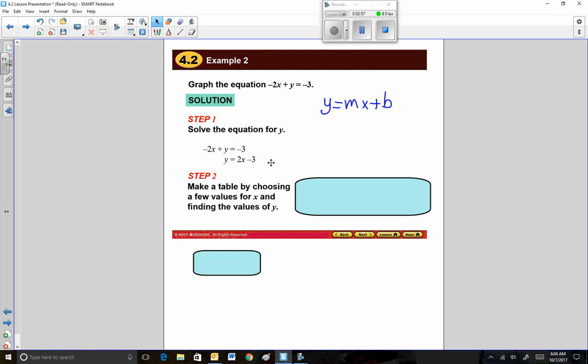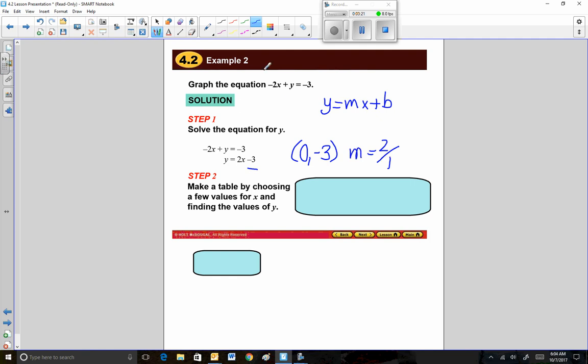And once we do that, we could do two things. One, we could know that this is the y-intercept and go to 0, negative 3 and plot a point. And then we could use our slope, 2 over 1, to find another point, because you only need 2 points to draw a line.